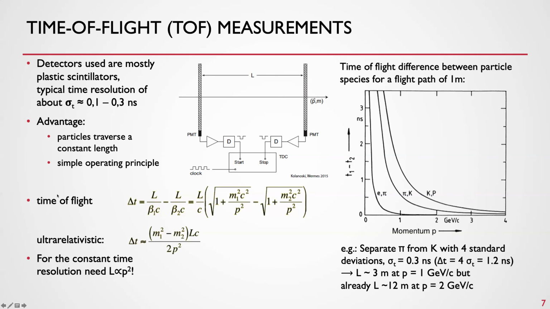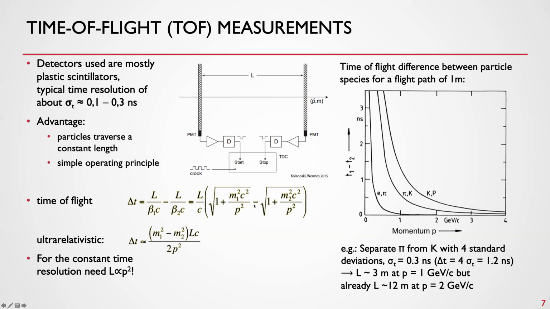So let's compute the time of flight of two particles with the same momentum, but which have different mass. The time difference is the length of the detector divided by the velocity. That's it. There's nothing else to it. Now, in the next step, we replace the reciprocal value of the velocity by the relativistic expression that relates it to the momentum. So we get the square root of 1 plus m1 squared c squared over p squared.